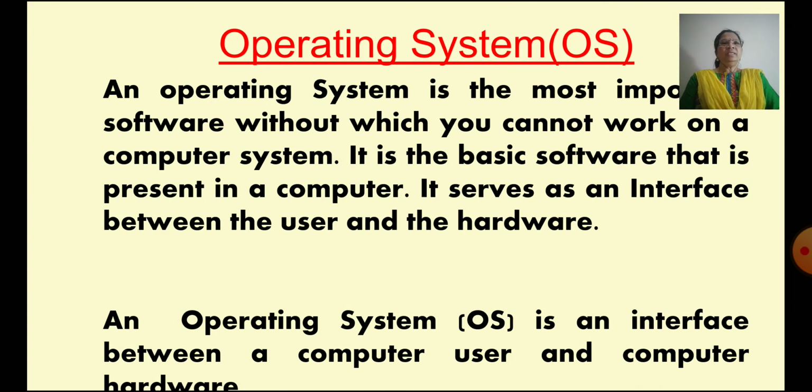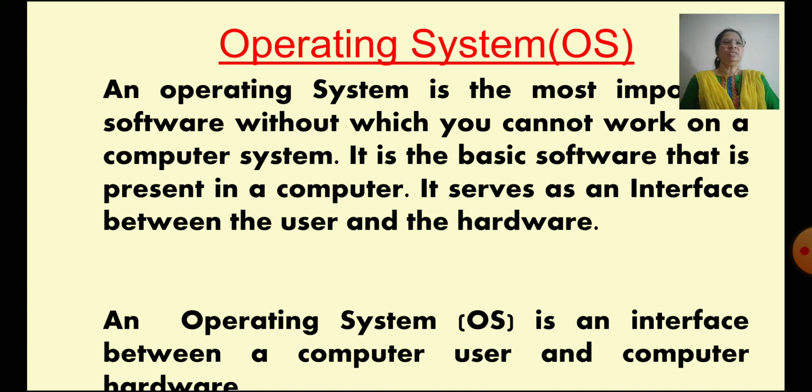The operating system is the most important software without which we cannot work on a computer. In your computer, if the operating system is not there, you cannot even switch on the computer. So, it is a basic software that is present in a computer. It serves as an interface between the user and the hardware.